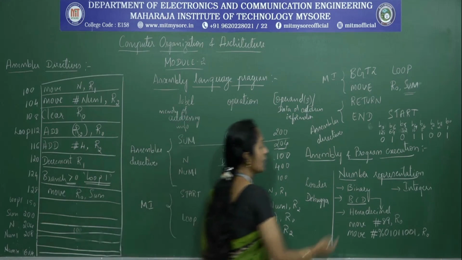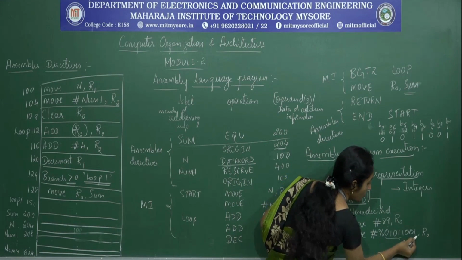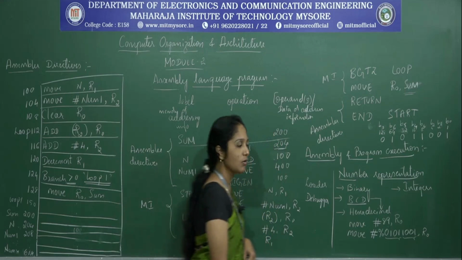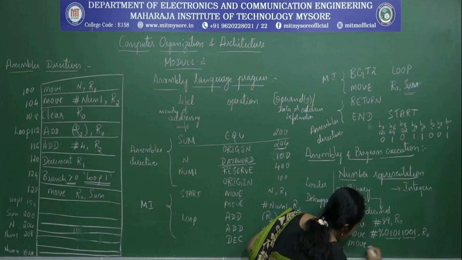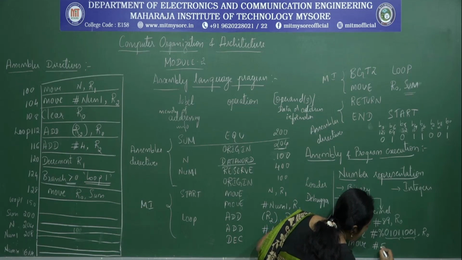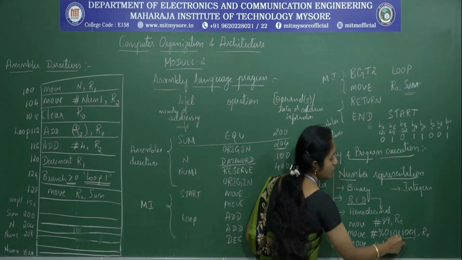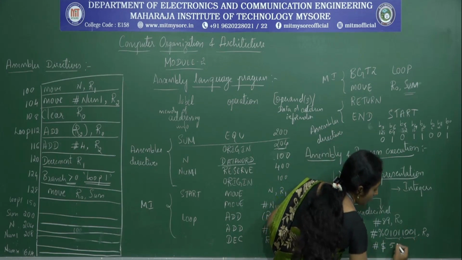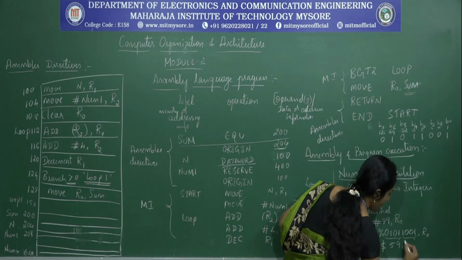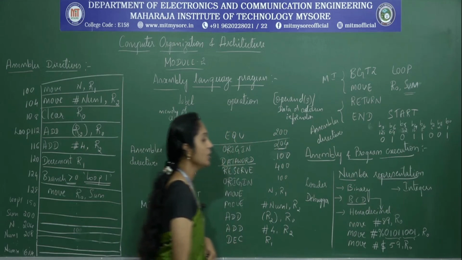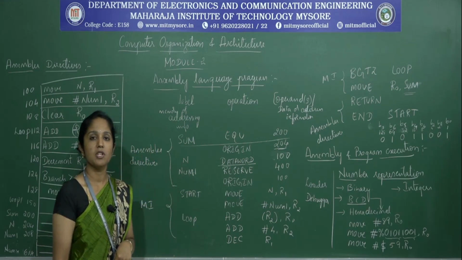And if you are using hexadecimal, you group the bits into 4 bits each and represent the numbers. To convey that this is hexadecimal, we use the dollar symbol. So 0 1 0 1 is 5, and this is 9, comma R0.